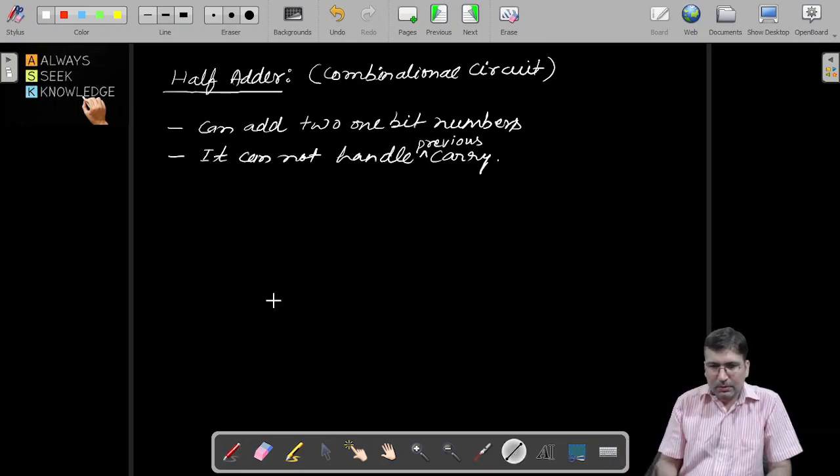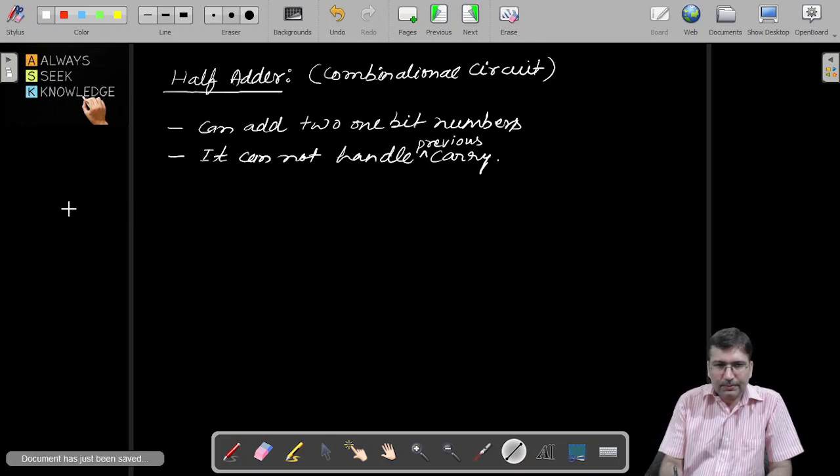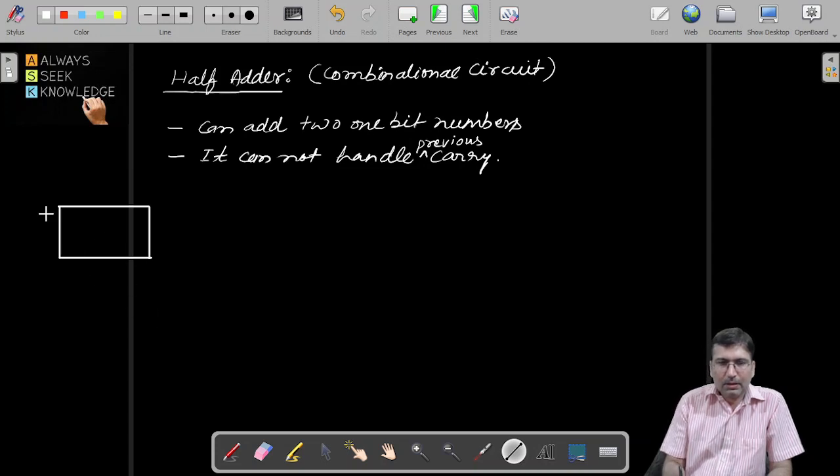So now let's draw. Let's say this is the half adder I am drawing. There is a circuit which is representing a half adder. It is taking input.